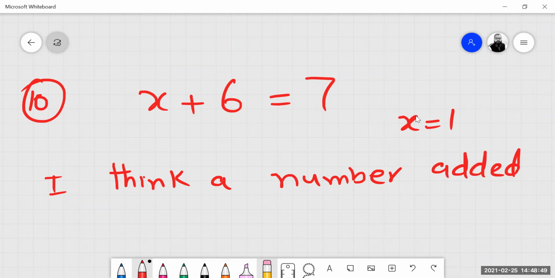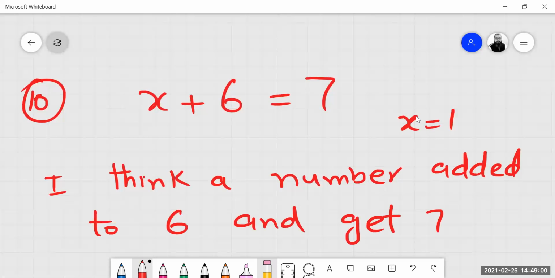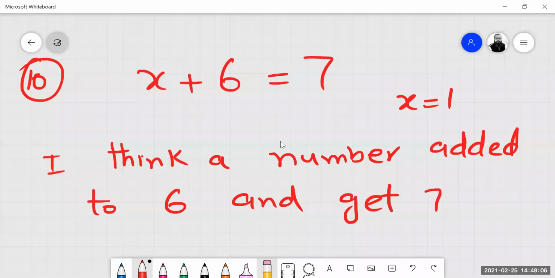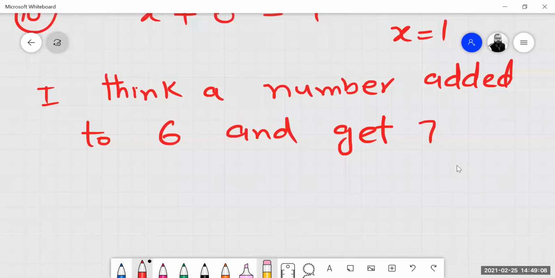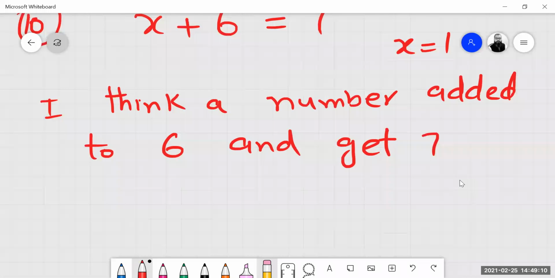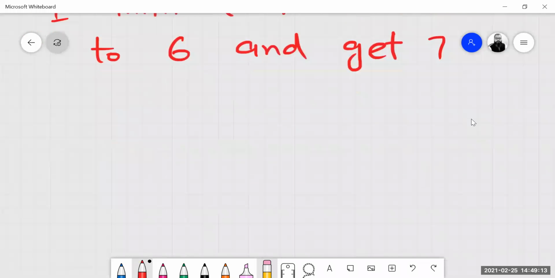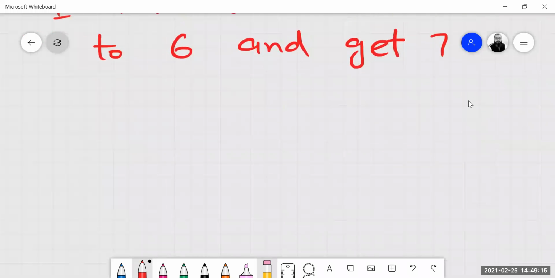A number added to 6 gives us 7. Or gives us 7, also the same. Correct. You should think: a number added to 6 and get 7. Yes. Okay.